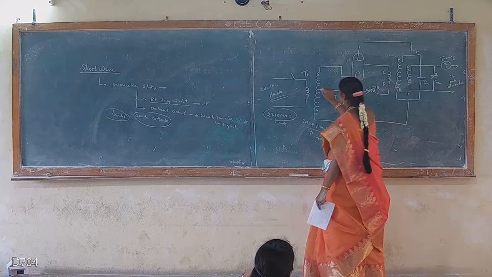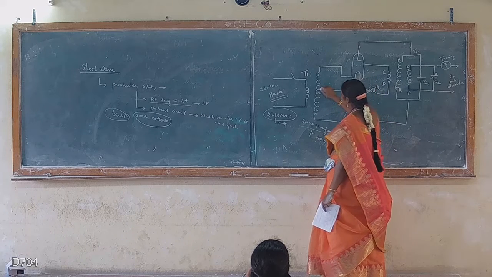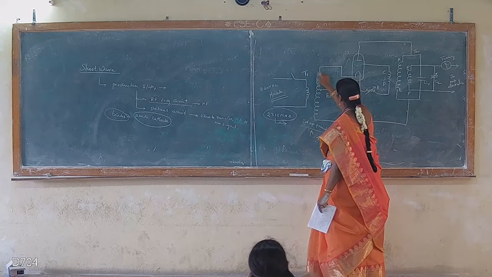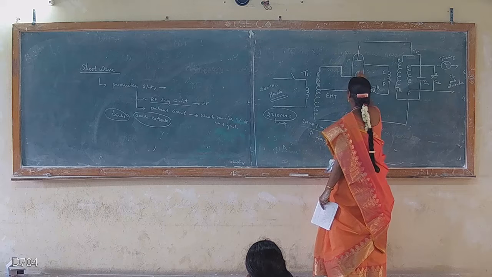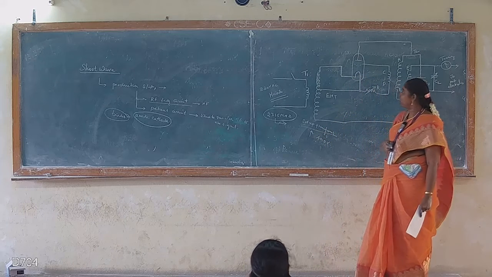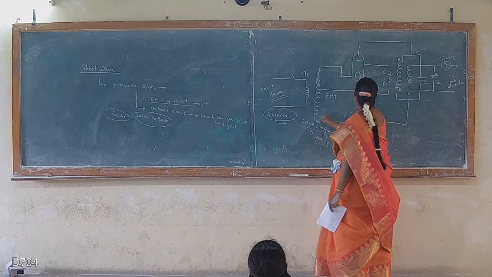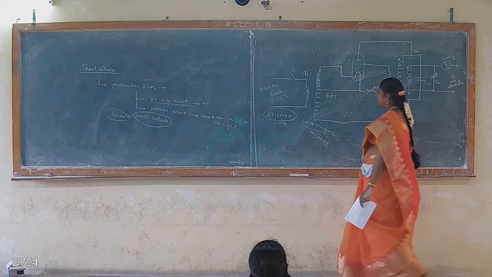Here it is separated with windings, and the upper winding is used to energize your anode. Okay, then the next is the other part of the circuit.